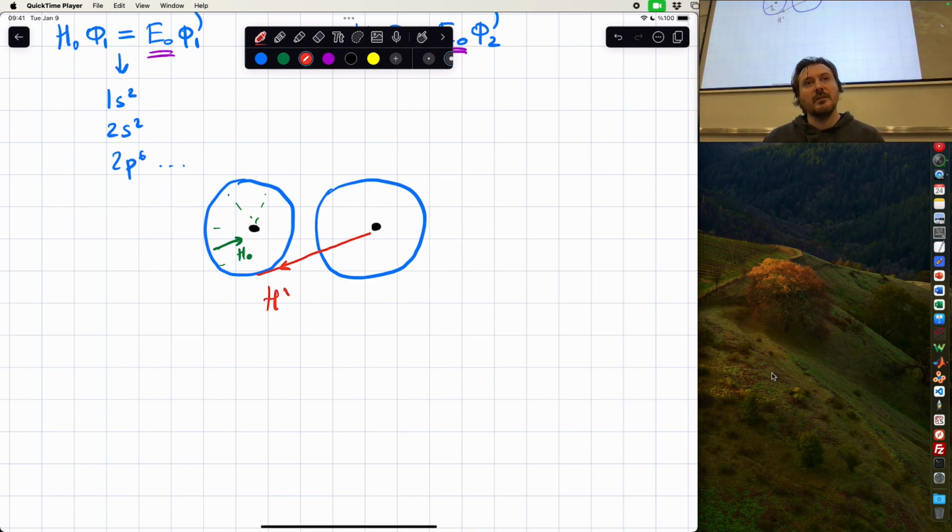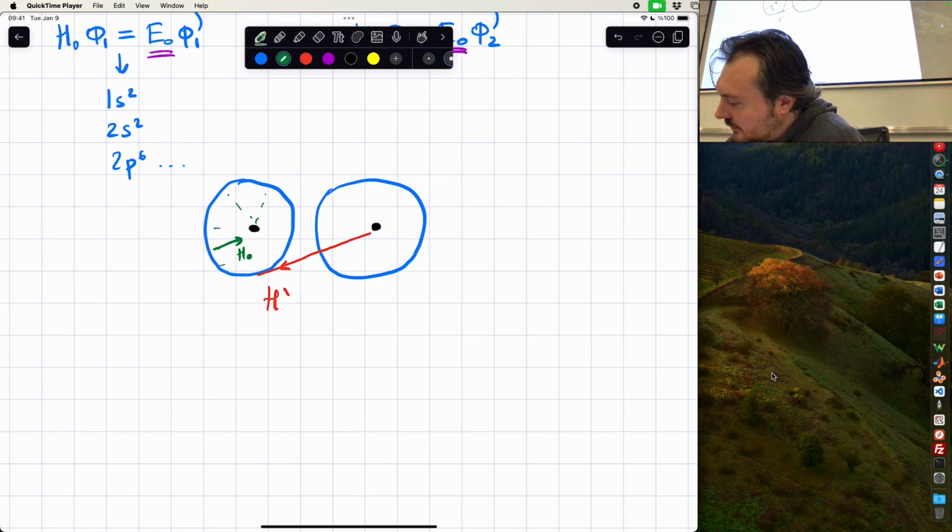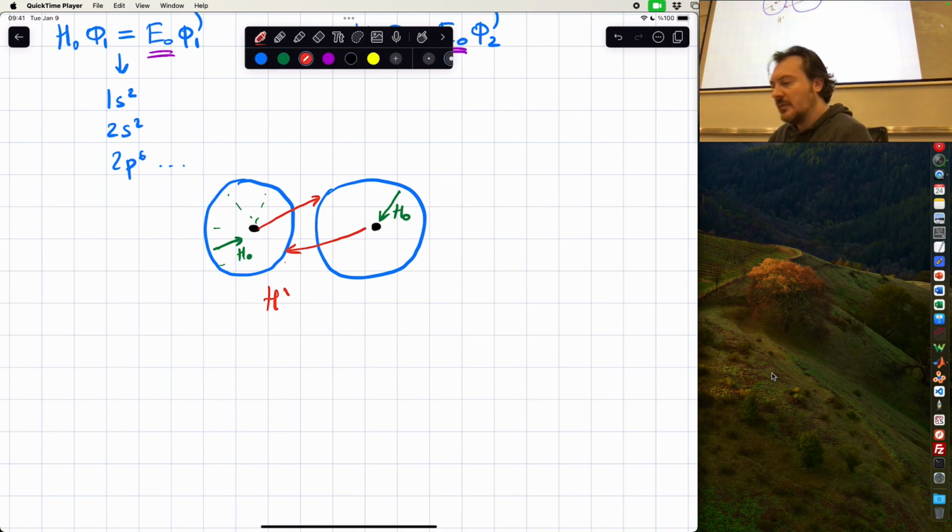Do you agree with this? And similarly, there is an H0 for this orbital, but it does see the other nuclei. Does it make sense? So there is H0 that determines the orbital when they are far away from each other. And then there is H prime, which comes from interaction.